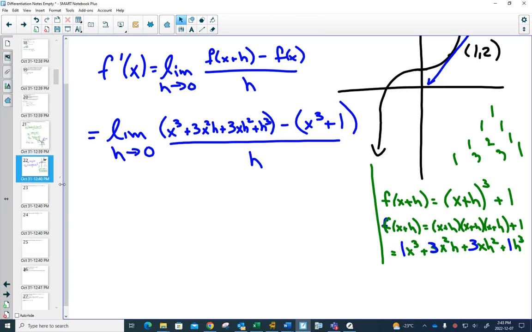Now, once it's expanded, oh, I forgot something. Do you see that I didn't write the plus 1 there? And so there would also be a plus 1 there before we subtract. Good? Sorry about missing that plus 1.